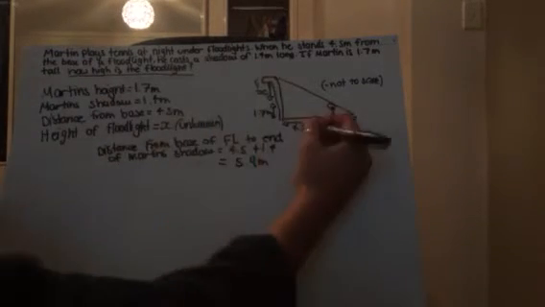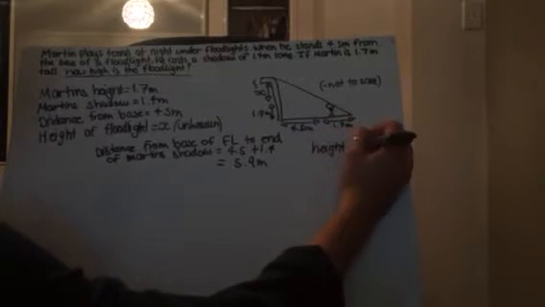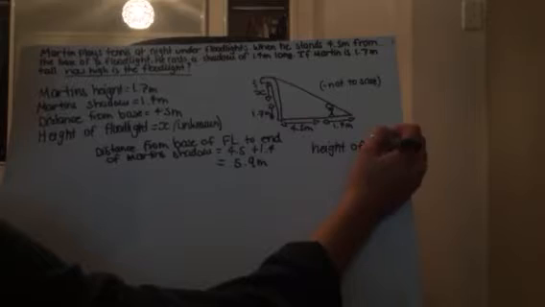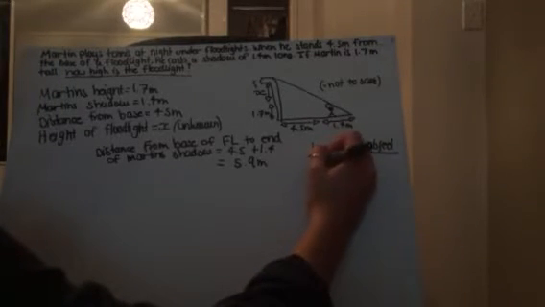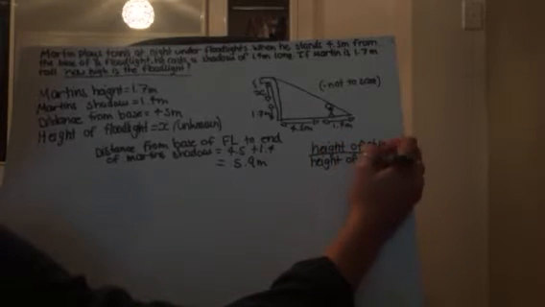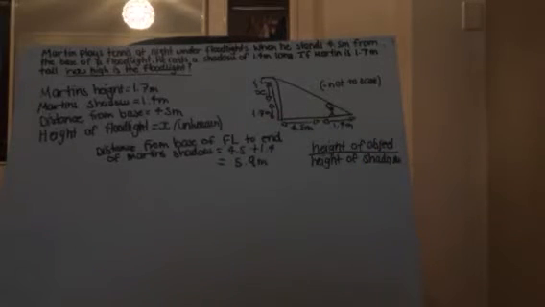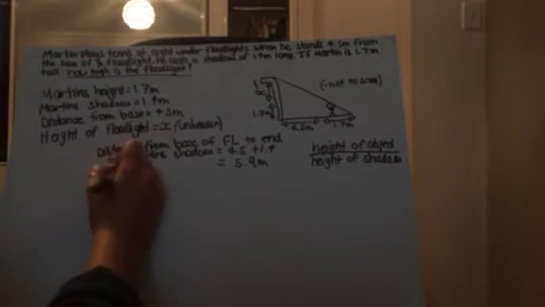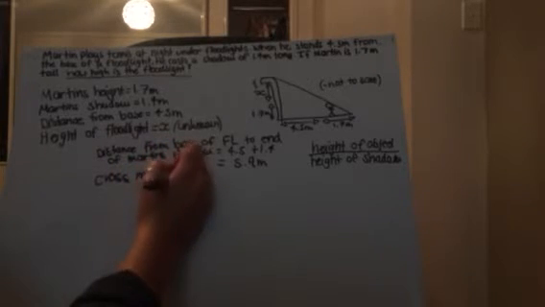So now we also know that the height of the object is equal to the height of the shadow. Now, this is where we are going to cross multiply. Very easy and not at all hard to do.